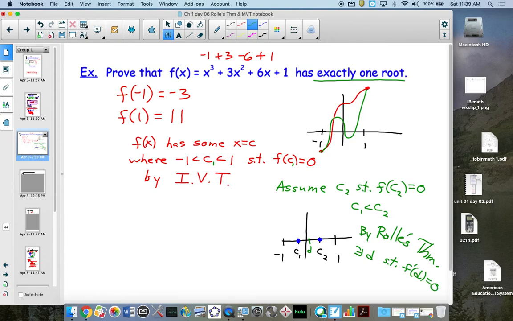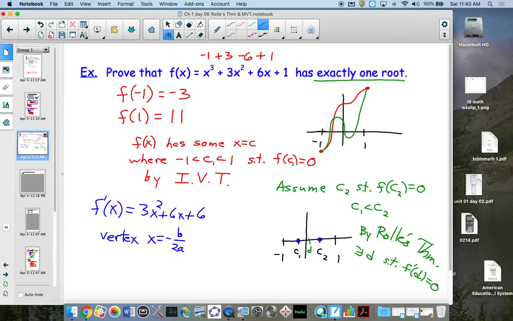Alright, so now let's go back to our original function and look at f prime. The derivative of this function is 3x squared plus 6x plus 6. The vertex of this function, back from algebra 2, is negative b over 2a.